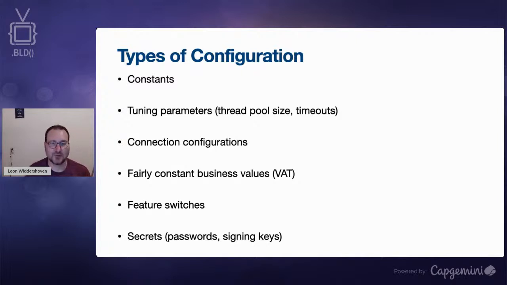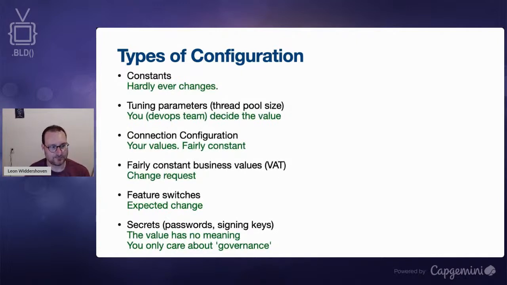So let's look a bit more in depth at some of the characteristics. Constants, they hardly ever change. That is kind of what makes it a constant. Tuning parameters, whatever it is, it's typical that the DevOps team decides the value. If we have a separate dev and a separate ops team, then it might be the ops team, but I'm now assuming a DevOps team.